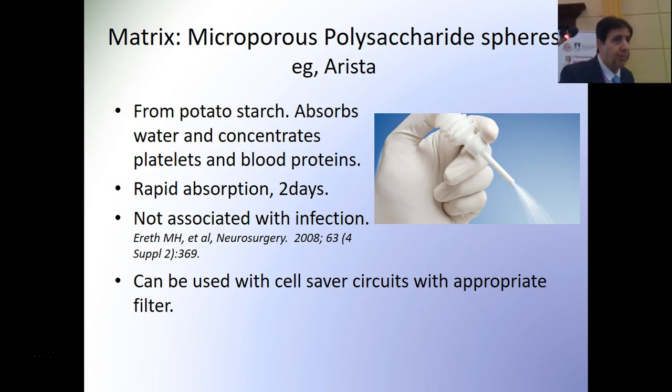It is absorbed in about 2 days, rarely associated with infections, and this product can be used with cell savers if the cell saver has the adequate filter to block this agent.